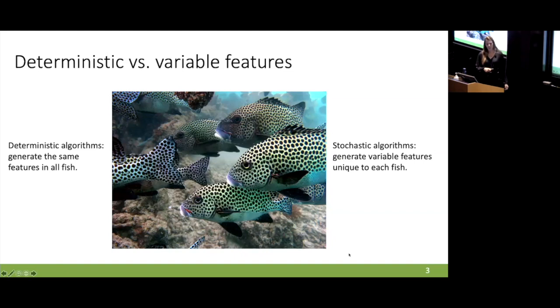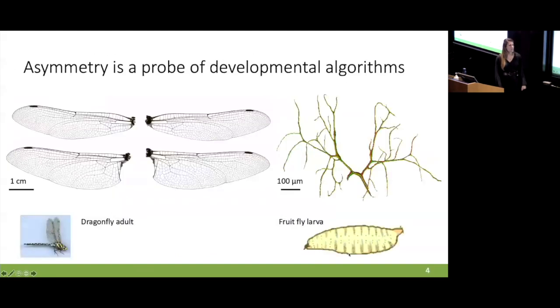And I'm actually going to study something that lies in the middle of these 2 algorithms, something that has both a deterministic and a stochastic component. These are two examples of these types of algorithms. If you look at the wings of an adult dragonfly, or the tracheal system of a fruit fly larva, what you'll see is some things that are always the same, found in every single animal, and some things that are unique and actually serve as fingerprints of an animal.